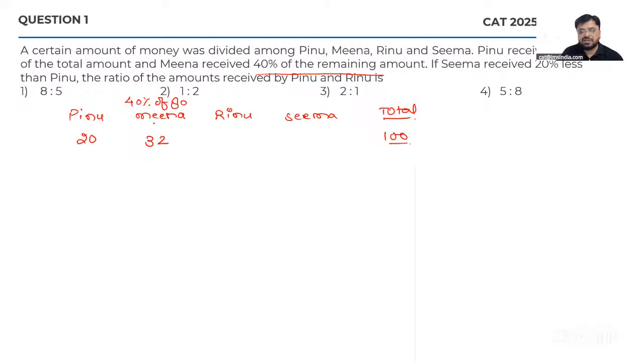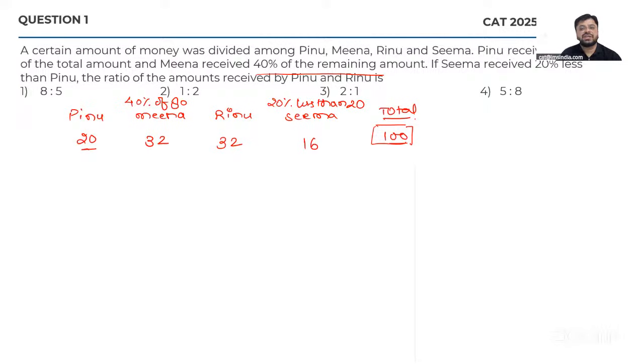If Seema received 20% less than Pinu, who received 20, so 20% less than 20. 20% of 20 is 4. If you subtract that, Seema received 16 and the remaining amount will go to Reenu. So out of 100, Pinu, Meena and Seema have already received 68 rupees, which means Reenu will receive 32.